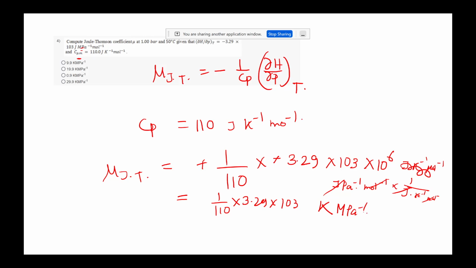And if you do the calculations, let me do it pretty quickly. 3.1 into 10 to the power 3. So this is coming as 3.02. This is coming at 3.0806. So there is no matching option. So these options are incorrect.